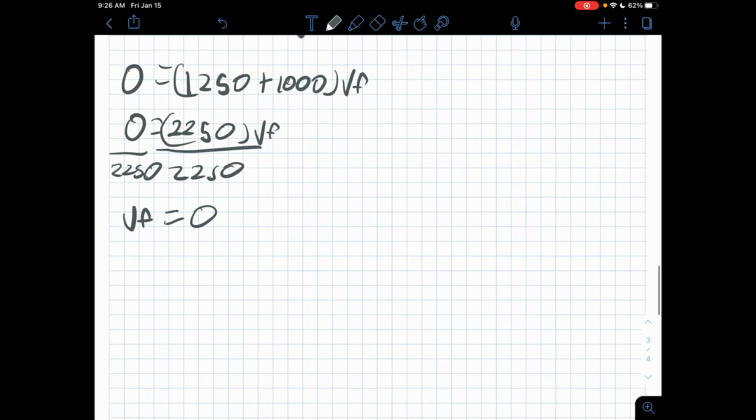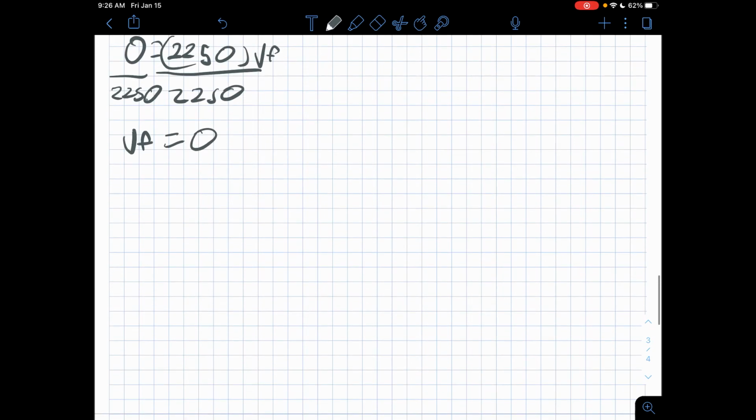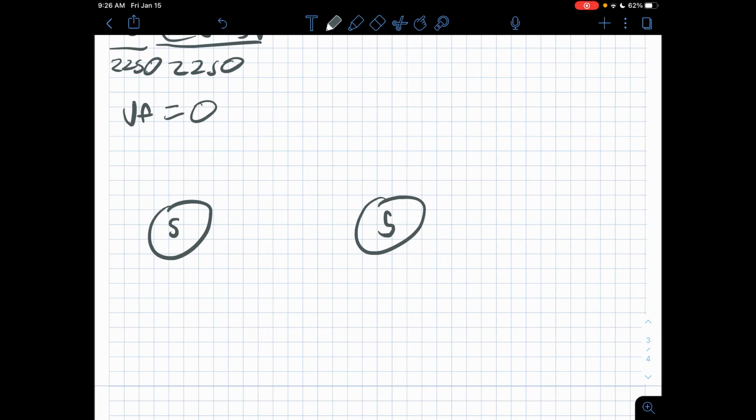So let's go to our next example, where we have 2 bowling balls weighing 5 kilograms each. They bounce off each other in opposite directions. So they go this way, and then they bounce off each other, and then they're going the other way.